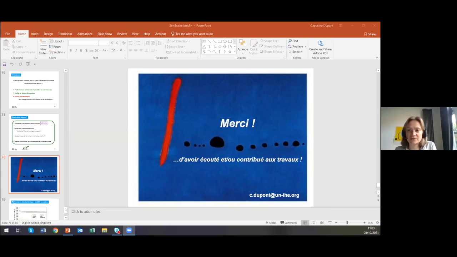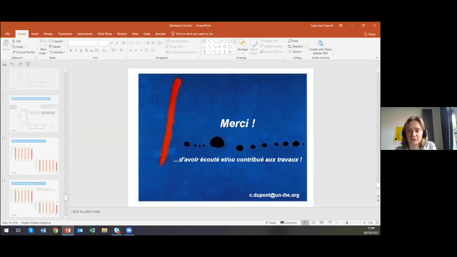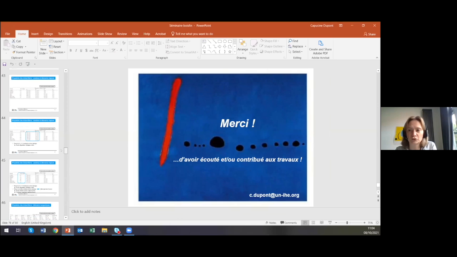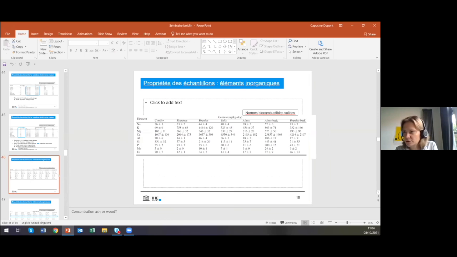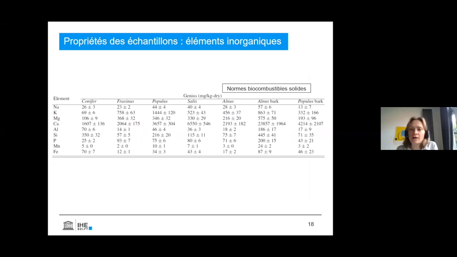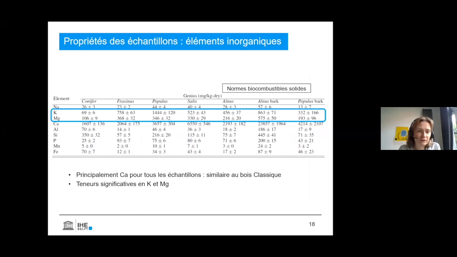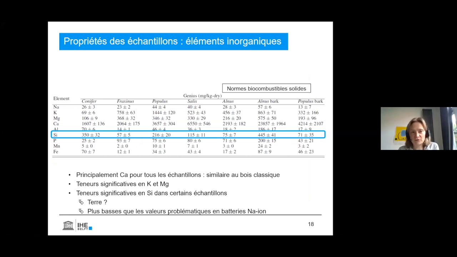At the outset, this was something that we were really wondering about. We were thinking, oh, there's going to be a lot of silicium. But I think we can see it here: there is silicium content, but the contents are really acceptable levels.